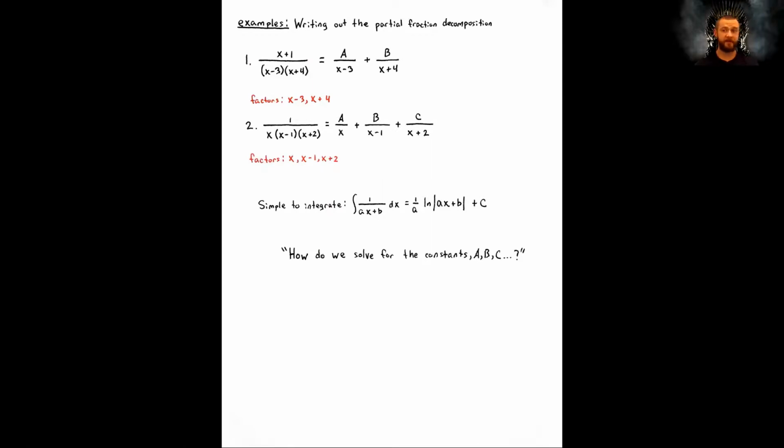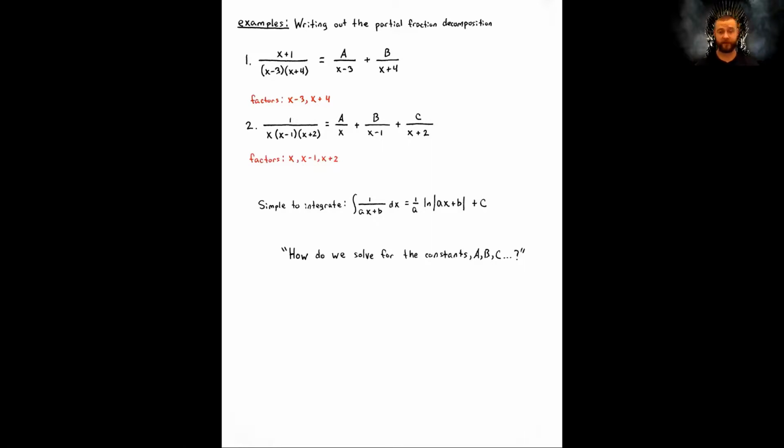Now, the benefit of this being our starting place is the integrals we get are actually really simple. And we already mentioned in the beginning, we're typically going to be seeing integrals that give natural logs. Pretty much all linear factors in a denominator, when we have it of the form 1 over ax plus b, always integrate to a natural log.